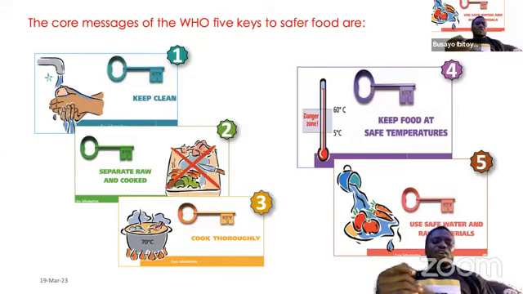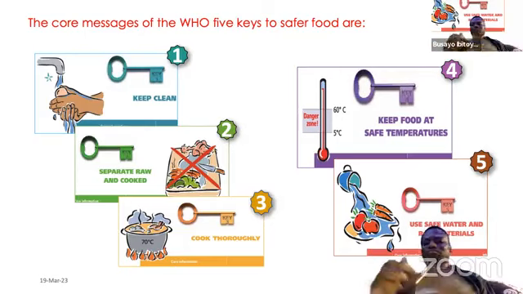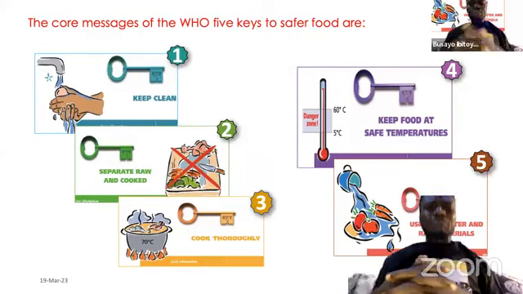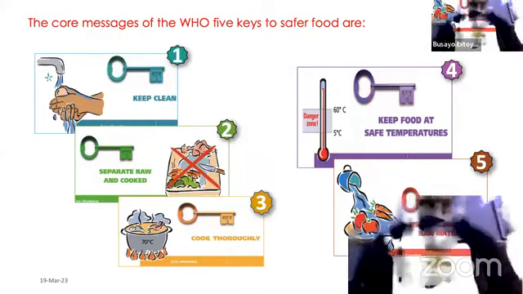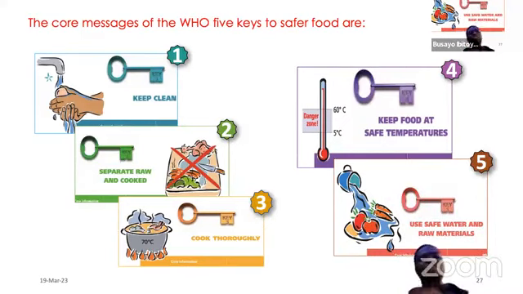Number 2, talking about separating raw food from cooked food. A study done in Port Harcourt by researchers has identified that many people are not so keen about taking care of how they separate cooked food from raw food.